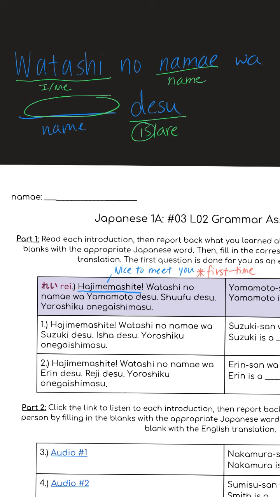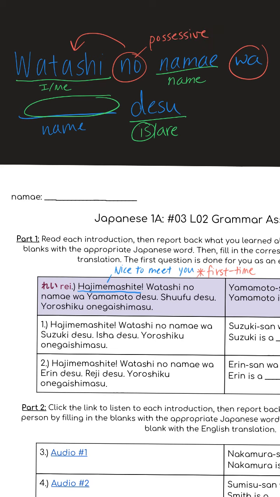Now let's look at our particles. So in Japanese, they don't have spaces in between the words when they write in hiragana and kanji. So they use particles to kind of break up the sentence, and each particle will tell the purpose of the word or phrase before it in the sentence. So we have no and we have wa. No, our first particle, is a possessive particle.